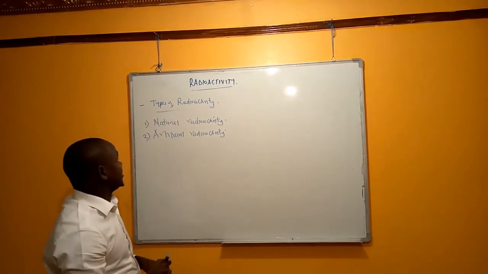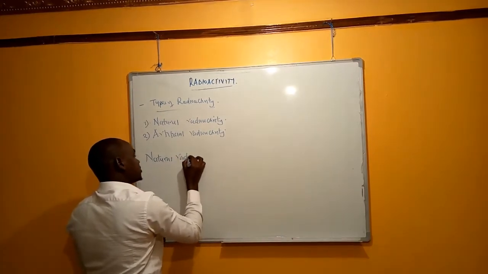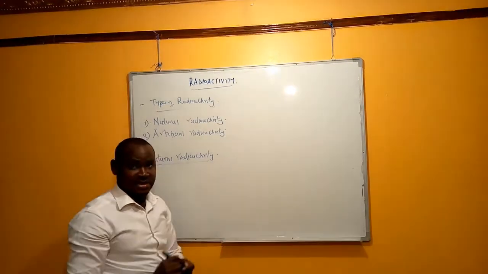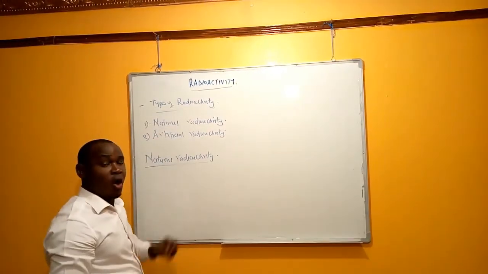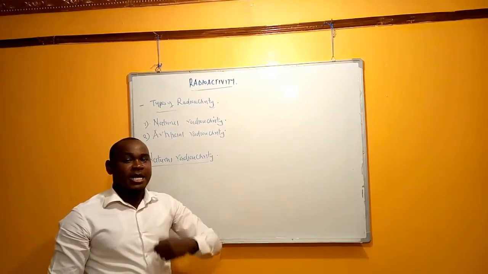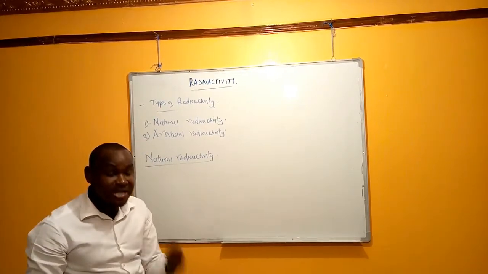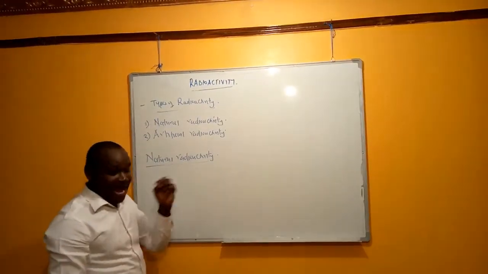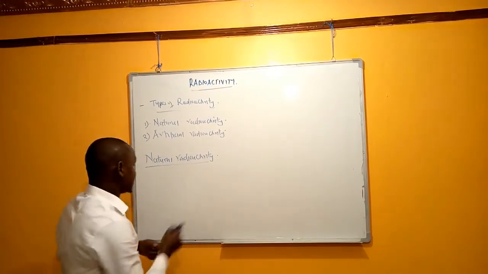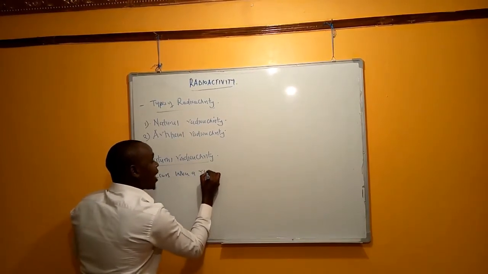Now, let us start with natural radioactivity. As the word dictates, natural radioactivity occurs when a radioactive nuclide disintegrates or splits spontaneously, forming a new nuclide with emission of radiation and energy.